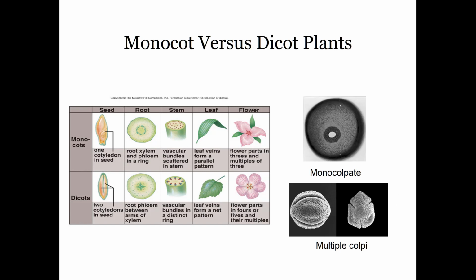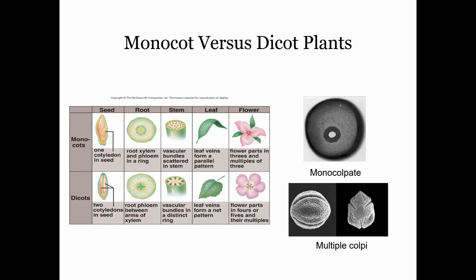In monocots, every monocot has one hole, one place where the pollen germinates out of, and that makes them very unique. It's one of the best traits actually to separate out monocots from all other plants. So it's a monocolpate pollen grain.